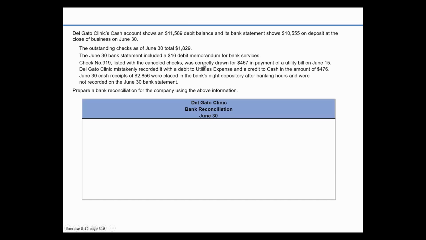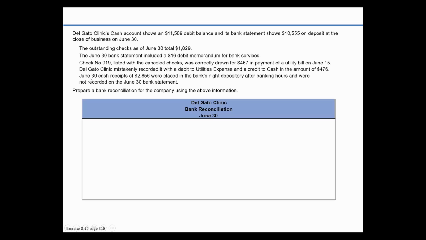It was correctly drawn for $467 in payment of the utility bill. But we noticed that Delgado Clinic mistakenly recorded it as a debit to utilities expense and a credit to cash in the amount of $476. So the check was written for the right amount, but when they went to record it, they recorded it for an incorrect amount. They just got the two numbers transposed.